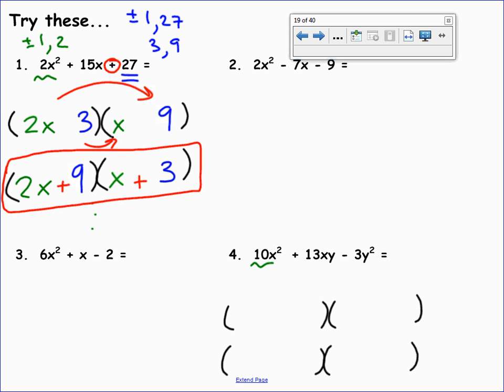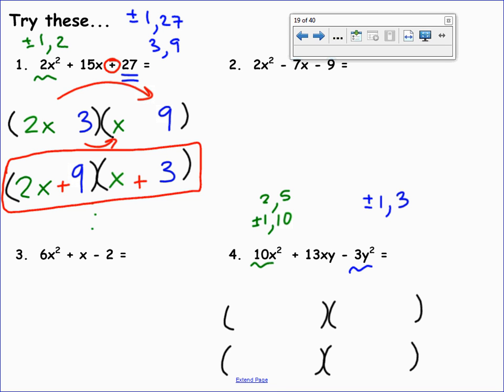My integer pair factors for my first, 10x squared, include plus and minus 1 and 10, or 2 and 5. My integer pair factors for the last, negative 3y squared, include plus or minus 1y and 3y. Anything else? No. And so my only difference here is that not only will my firsts have x's attached, my last will also have y's attached.